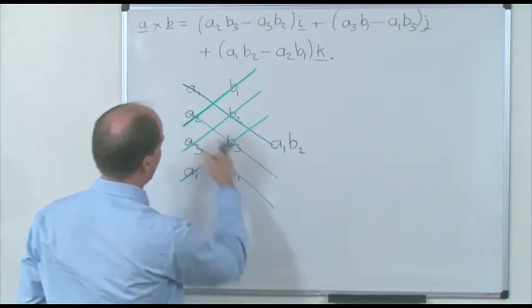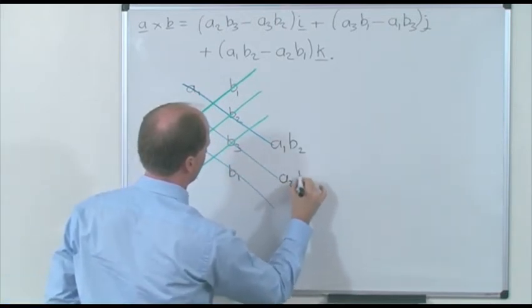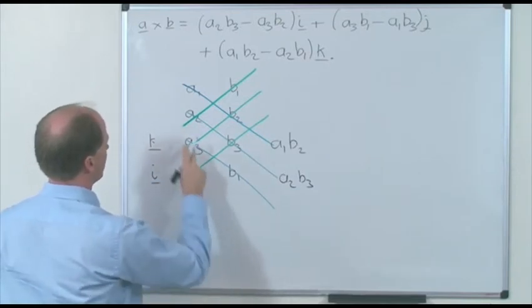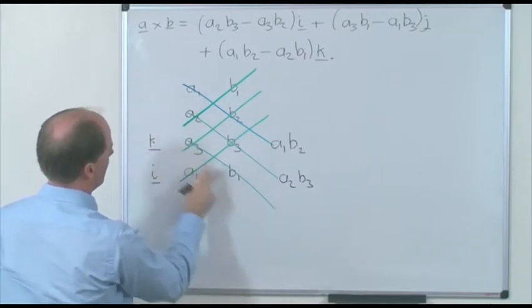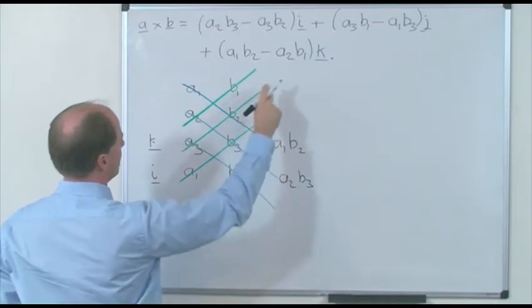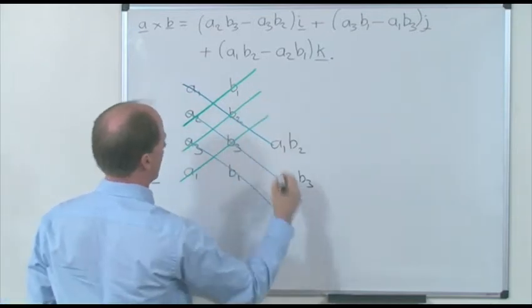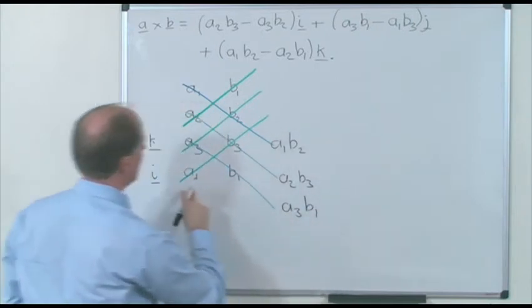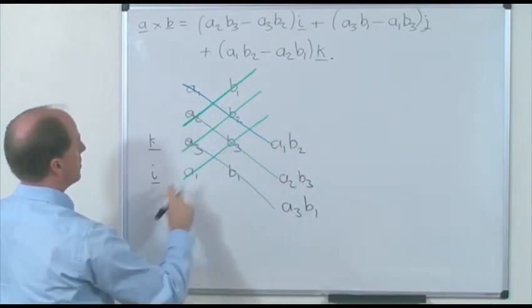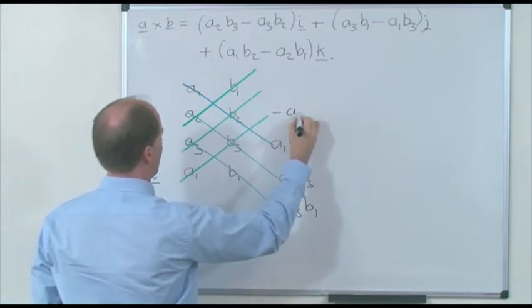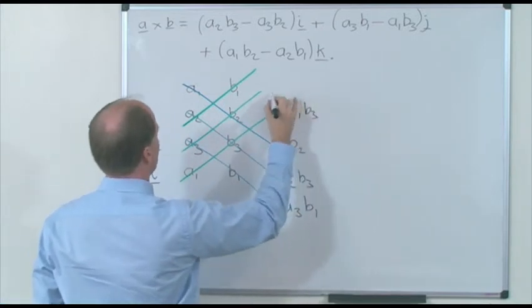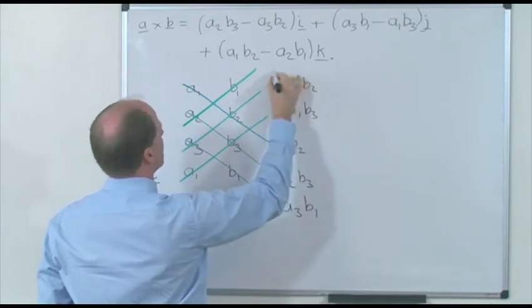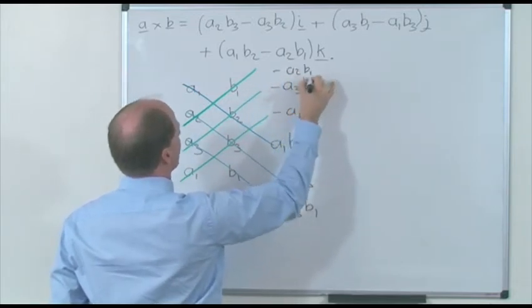Here I get a2, b3, which is in the i row, and this one here, a3, b1, that's in the j row. Similarly with the upwards ones, I get minus a1, b3, minus a3, b2, and minus a2, b1.